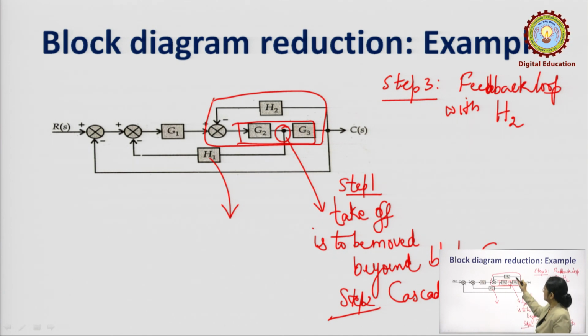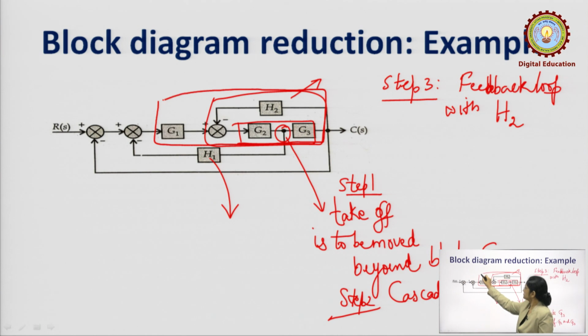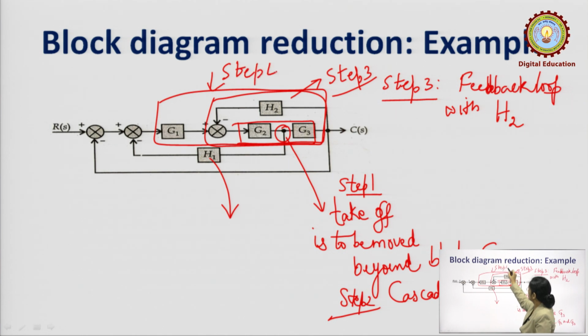In this we will have one block. This will give us one block that is in cascade with G1. This block in cascade with G1 will give us another combination here. This is step 3, and this will be step 4, where this block is in cascade with G1, and then the entire combination is in feedback.